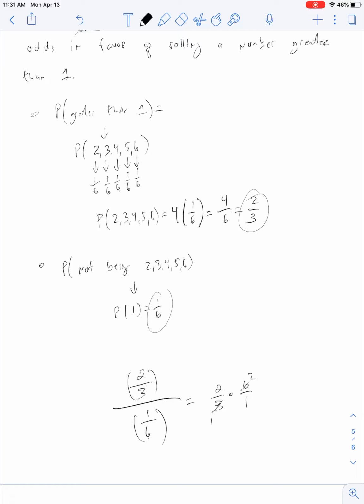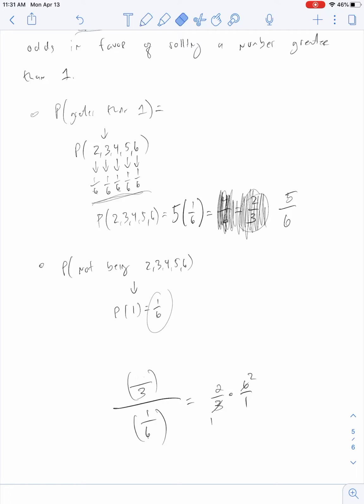I'm sorry, how many do we have here? 1, 2, 3, 4, 5. Let's go back. Right here I have 6 of these, so it shouldn't be a 4. It should be a 5, which now changes this to a 5 over 6.